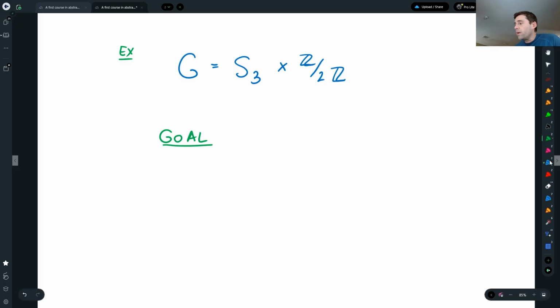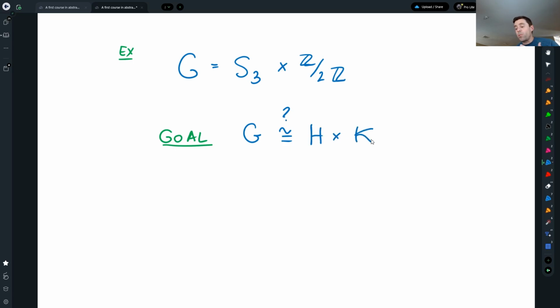so the goal now is to understand if a group G is isomorphic to a direct product of two of its own subgroups.